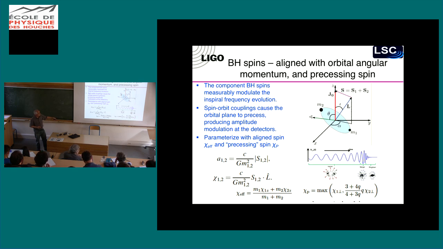It can be positive, it can be negative, it can run anywhere between +1 and -1. And here is the component of the spin perpendicular to the orbital angular momentum for the two, and here's the mass ratio q, which is a number less than 1 in this formalism, and chi_p is a measure of the degree to which the orbital plane precesses.